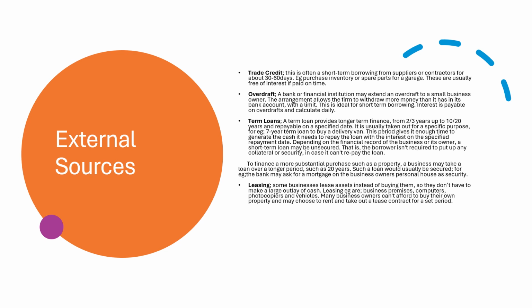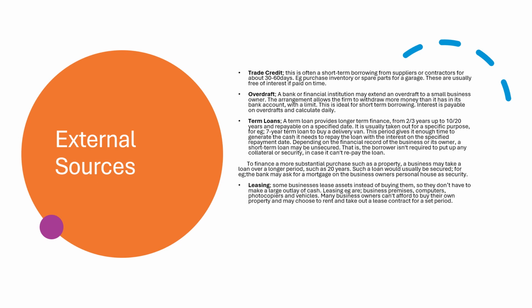And then they can use a bank overdraft. A bank overdraft allows a business to withdraw more money than it has in its bank account, up to a set limit though. Ideal for short-term needs, but interest is charged daily on the overdrawn amount. Also, they can use term loans, medium to long term, 2 to 20 years, etc.